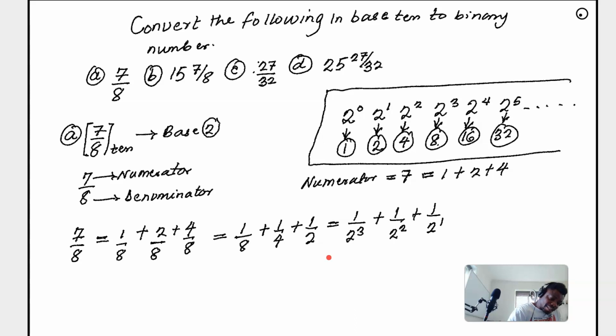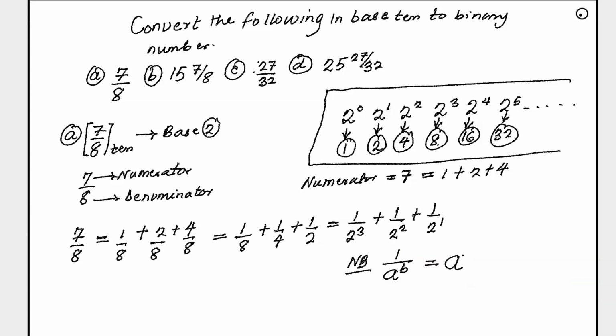Now, the next thing is, I will quickly put a reminder for you. Remember, in indices, 1 over a raised to b is the same thing as a raised to minus b. So that simply means 1 over 2 raised to 3 is 2 raised to minus 3.